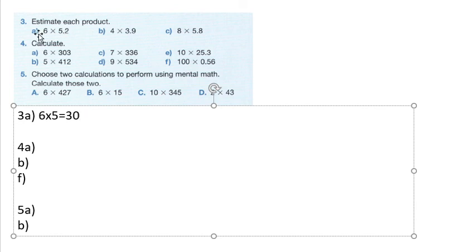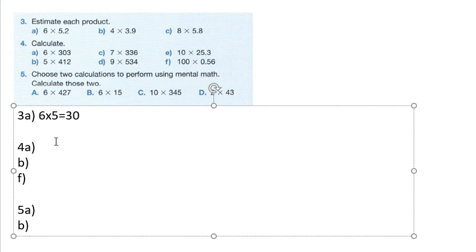However, 6 times 5.2 must be bigger than 30 because I could rewrite this as saying 5.2 plus 5.2 plus 5.2 6 times. This one here is like saying 5 plus 5 plus 5 6 times. Well, I'm short of 5.2 every time. So this 30 is less than what our calculated answer is. We know that for sure.